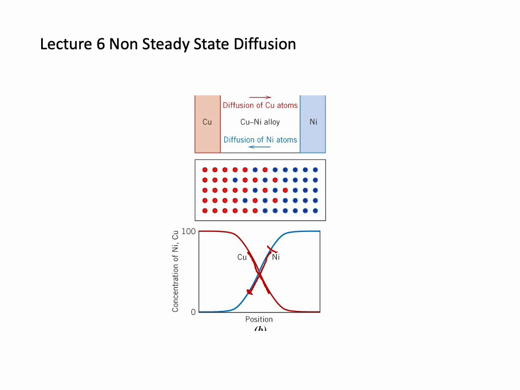But at the surfaces and deep below the surface, these changes in concentration with position are no longer linear, and so we have to use the non-steady state equation to describe that and to be able to predict the concentration at a certain depth.